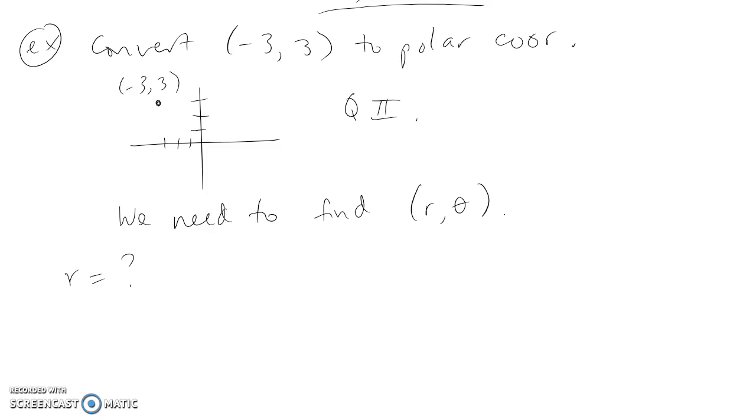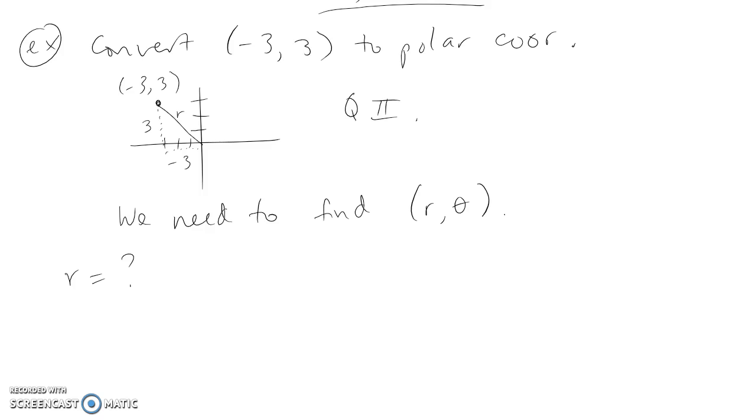R equals what? Well, if you take a look at our graph and you think about the distance between the origin and our point, we could call that r. We know that this distance here is 3, and this distance here is 3, but I'm going to call it -3 because it's in the negative direction.